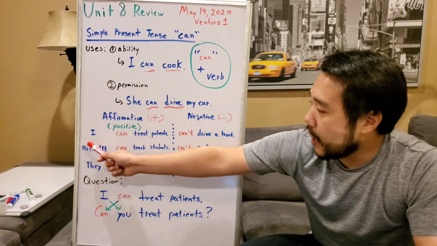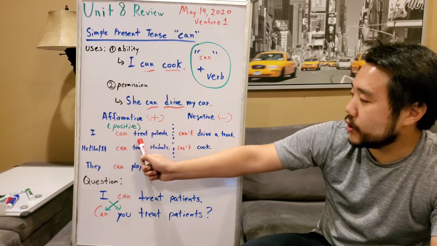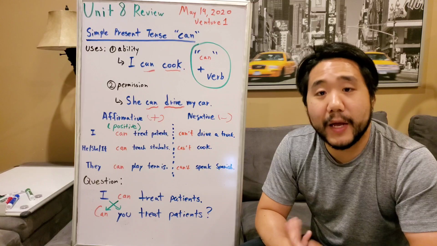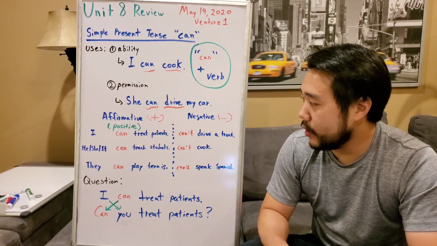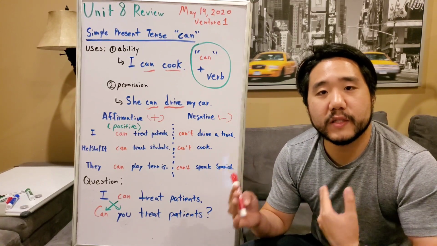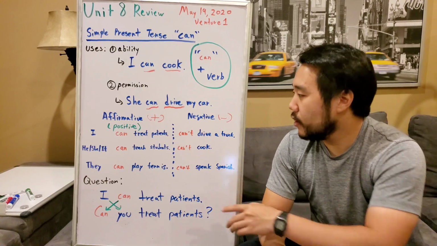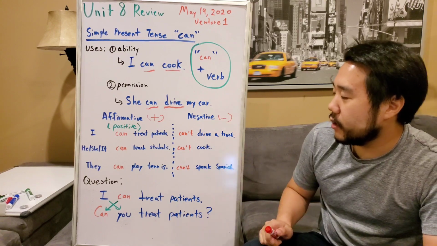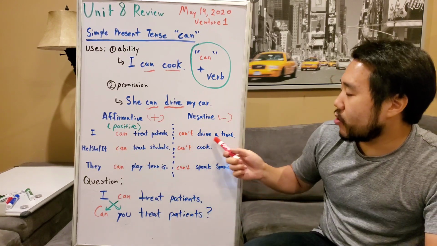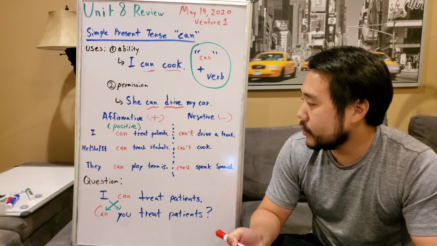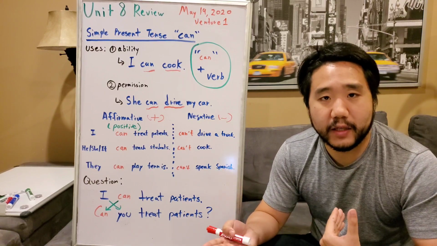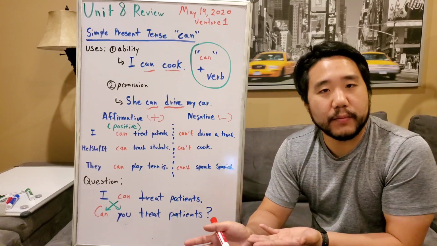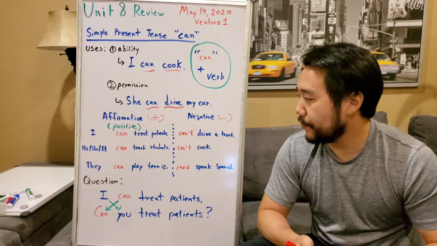I can treat patients. I have the ability to treat patients. That's called an affirmative statement, something positive. But what if I say, I can't drive a truck? That means that I don't have the ability to drive a truck. If I can't do something, that's negative.